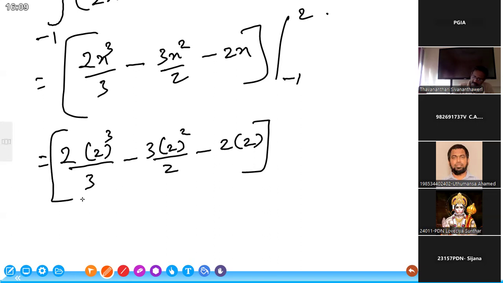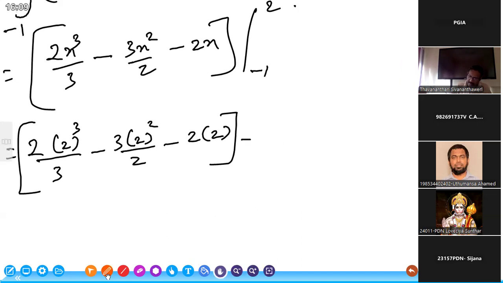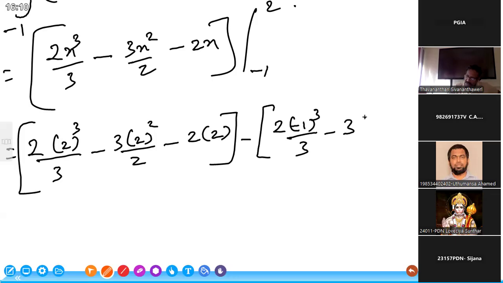So this is one component, minus the other: 2 into minus 1 to the power 3 by 3, minus 3 into minus 1 to the power 2 by 2, minus 2 into minus 1. So this is how it works.